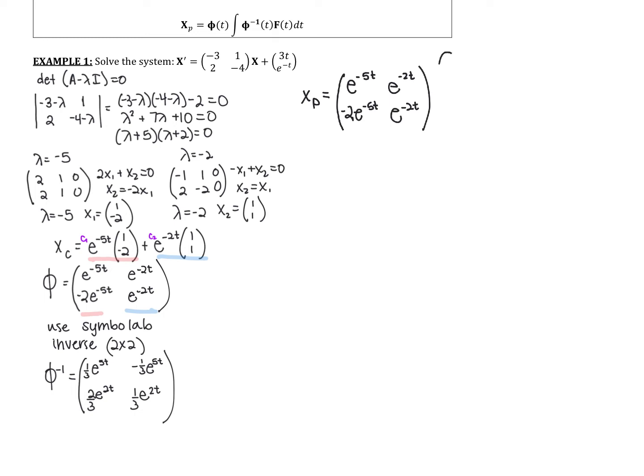And I'm going to multiply this by the integral of the inverse matrix, which is 1/3 e^(5t), -1/3 e^(5t), 2/3 e^(2t), and 1/3 e^(2t). And this is going to get multiplied by that f of t. f of t is this part of the function.